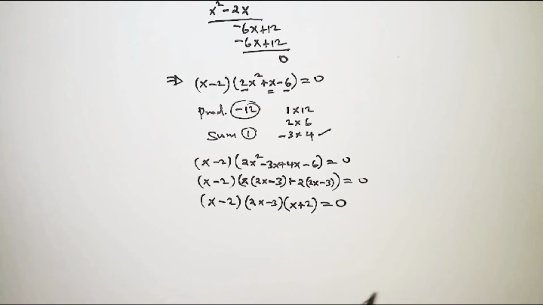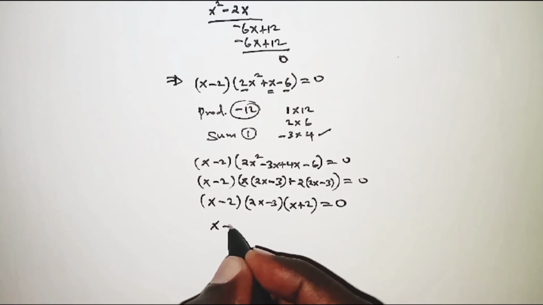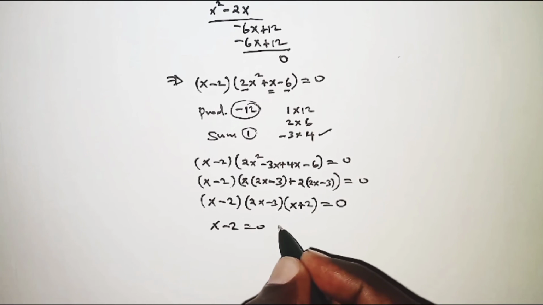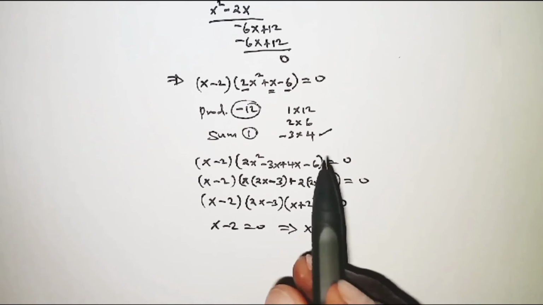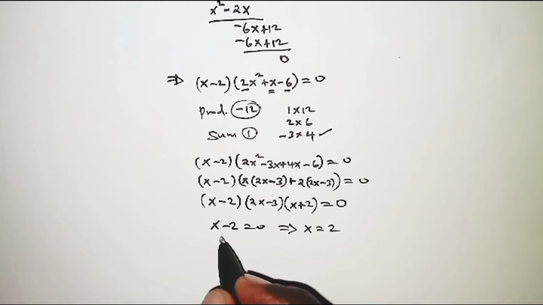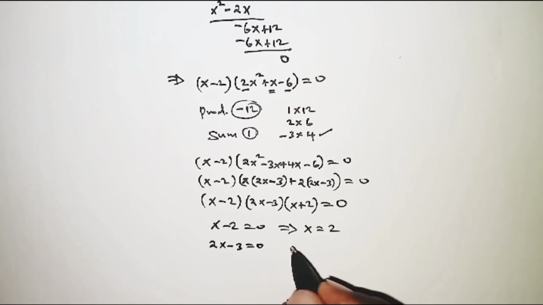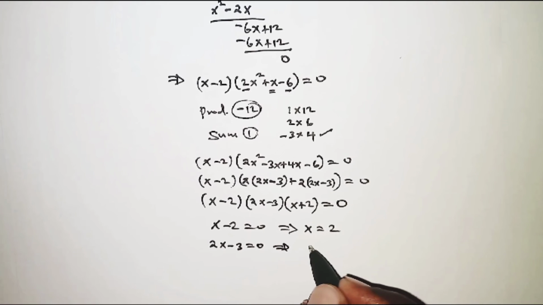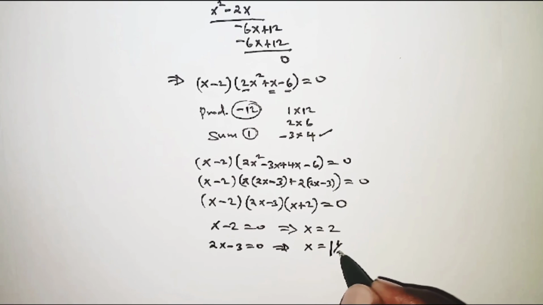So up to this point, we can now say x minus 2 is 0. So that implies that x is 2 from what we had gotten earlier on. We also have 2x minus 3 is 0. So that also implies that x is equal to 1.5.